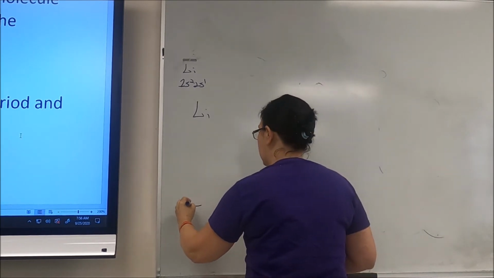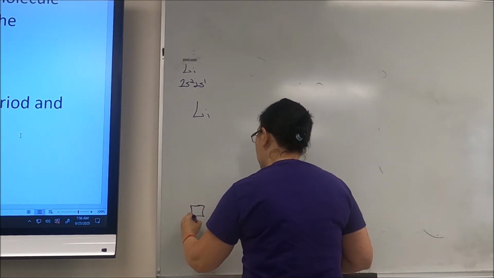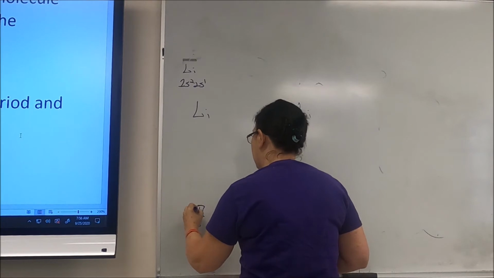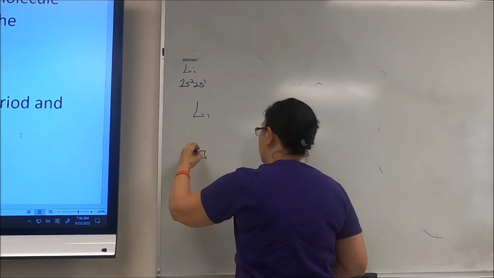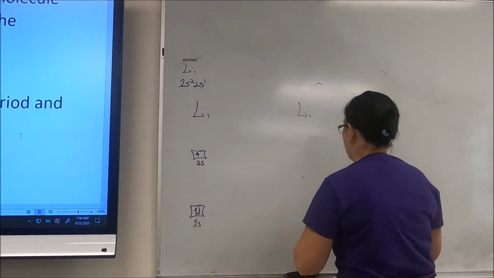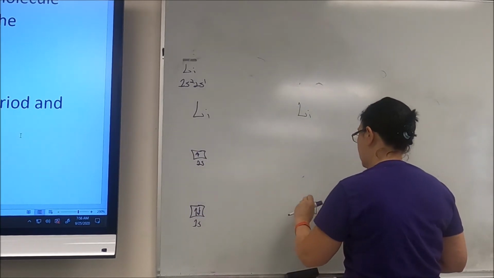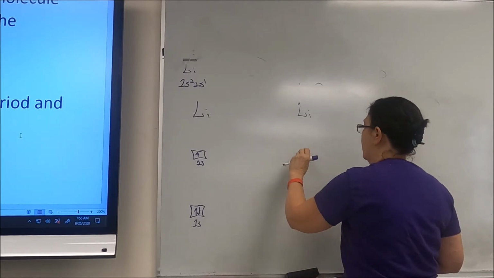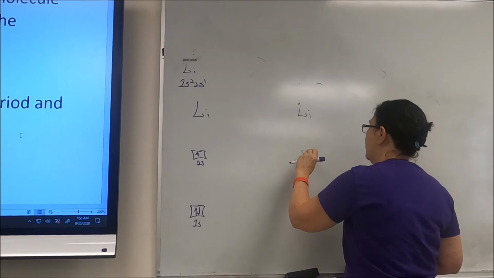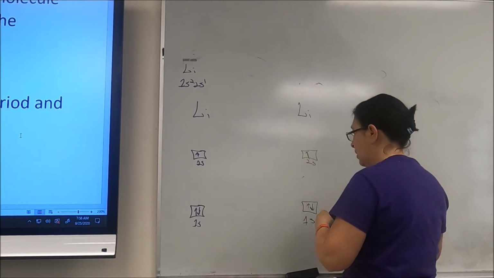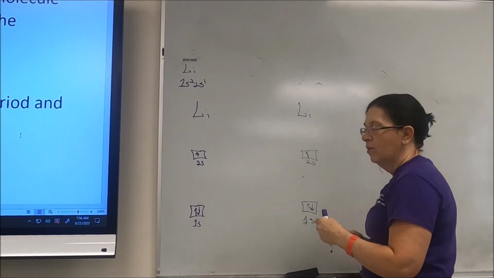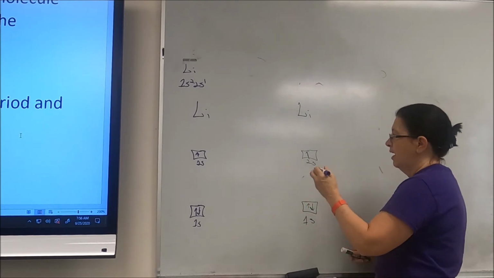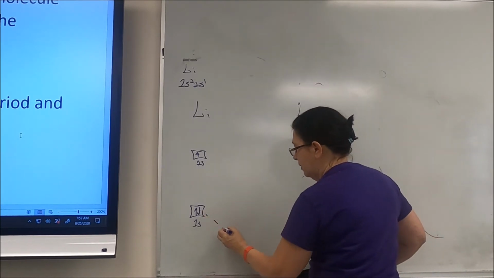If I do box diagrams, 1s has 2, 2s has 1. 1s has 2 over here, 2s has 1. Now, we're going to blend together 1s and 1s and 2s and 2s.